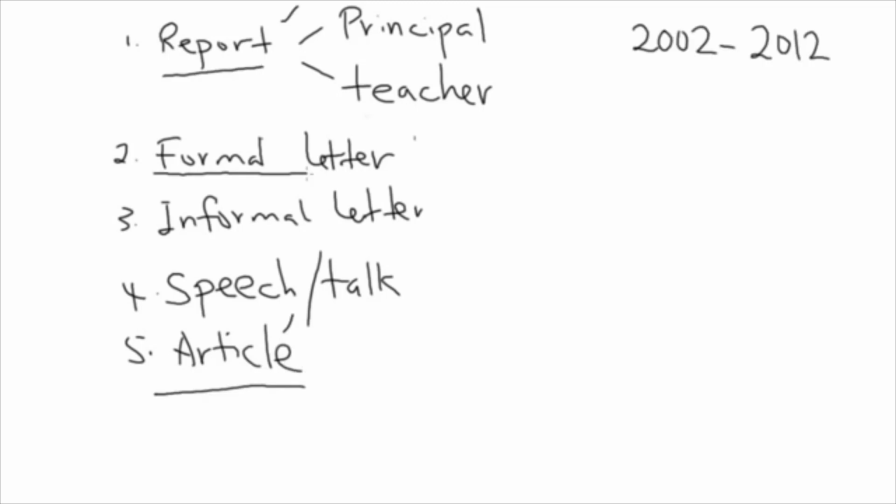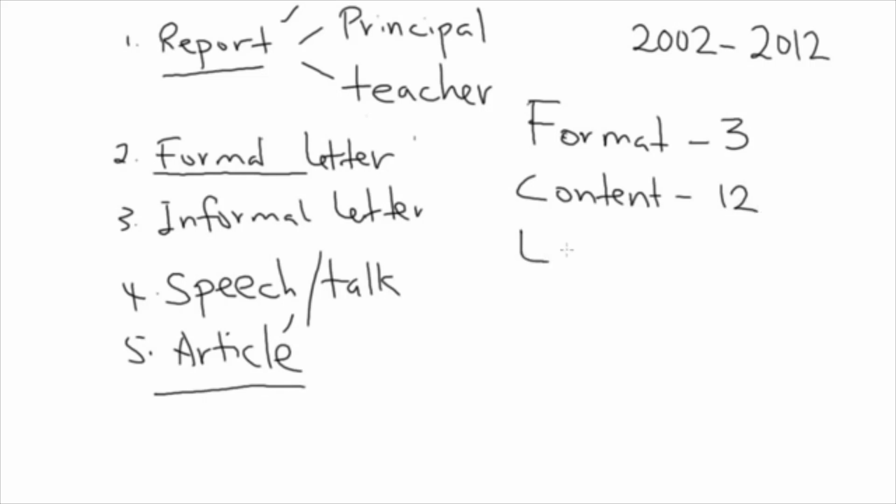Question 1 is marked based on format. Format, maximum 3 marks. Then you have your content, 12. Then comes language, which carries 20 marks. So, total of 35. So, for format, you can actually memorize. There's nothing much.